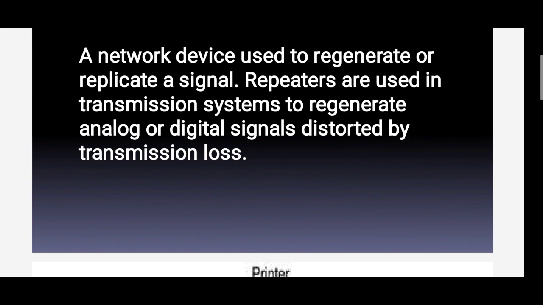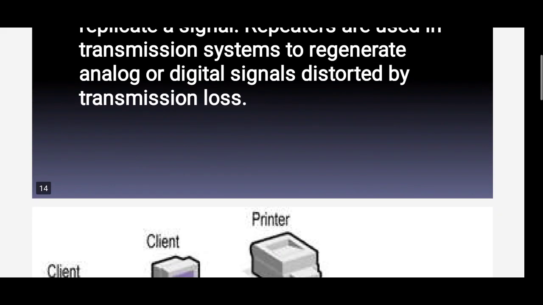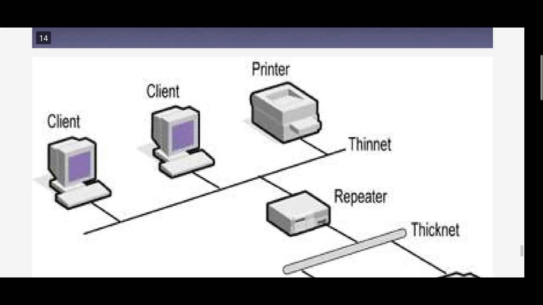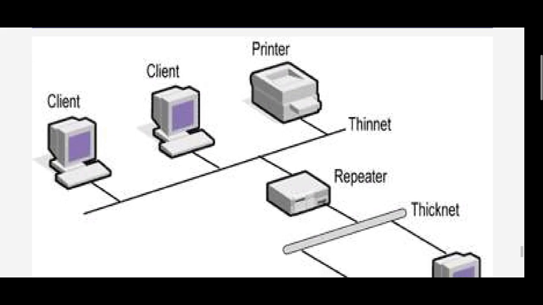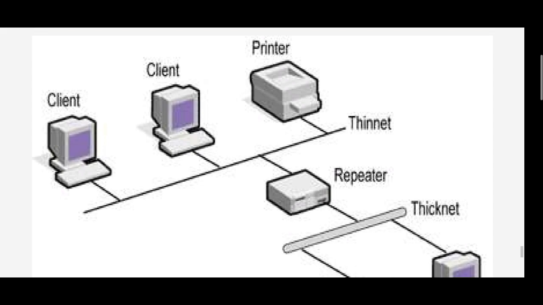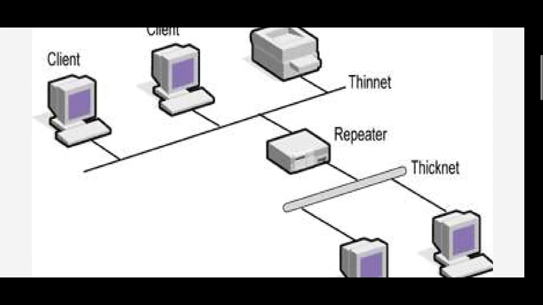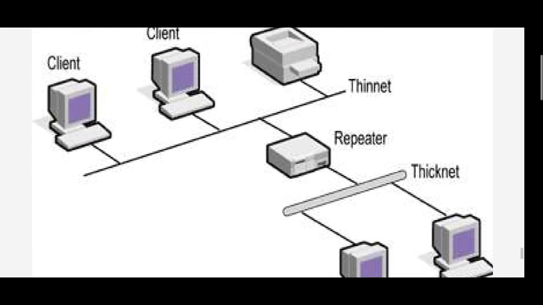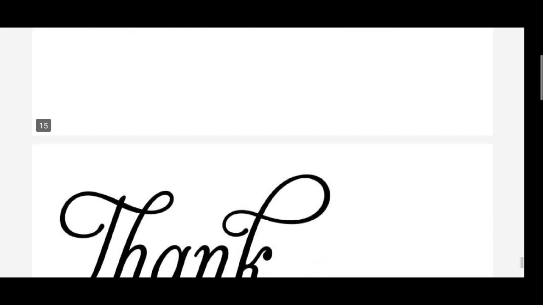Digital signals are distorted by transmission loss. Here, the repeater has thin net printers or clients. There are also thin nets connected with the repeater.